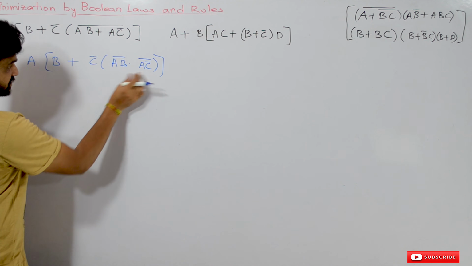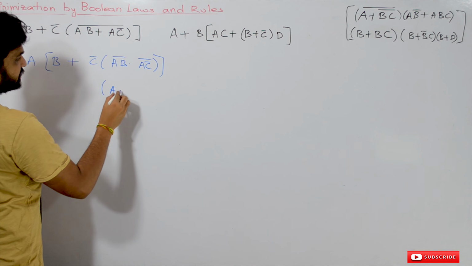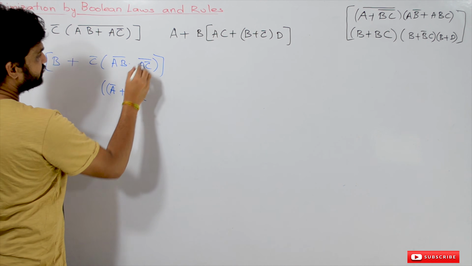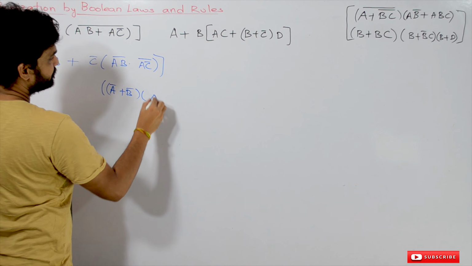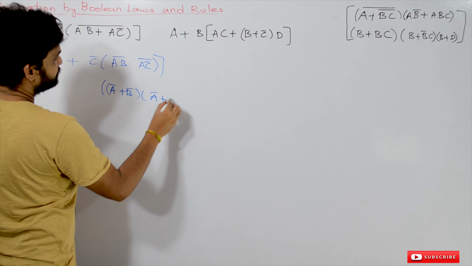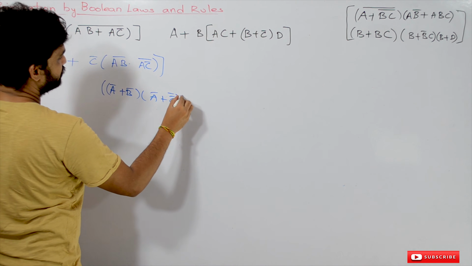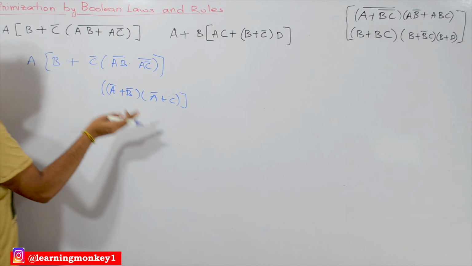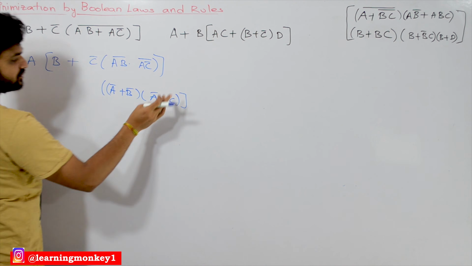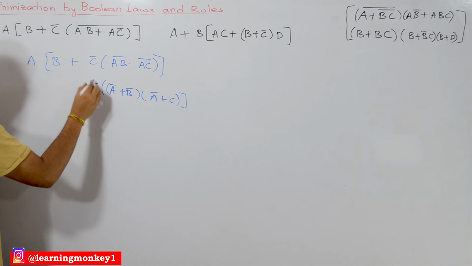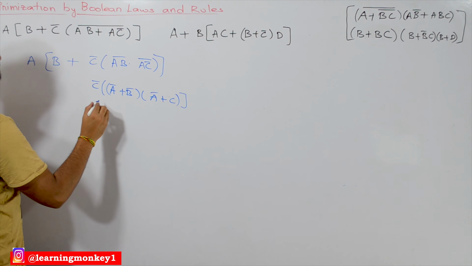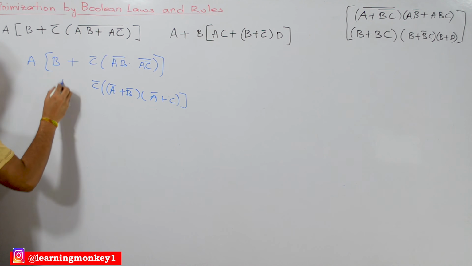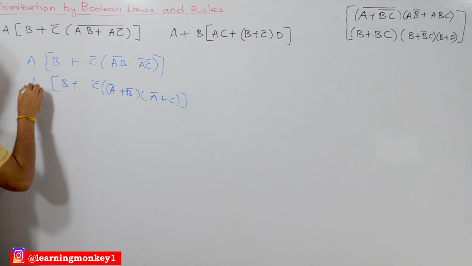Again, applying De Morgan's law on these two, it is (A bar plus B bar) into (A bar plus C bar) whole bar, and this is going to be the double negation rule. So A complement whole complement, C complement whole complement is going to be C, and this is C complement. Okay, C complement, and next is B plus A.